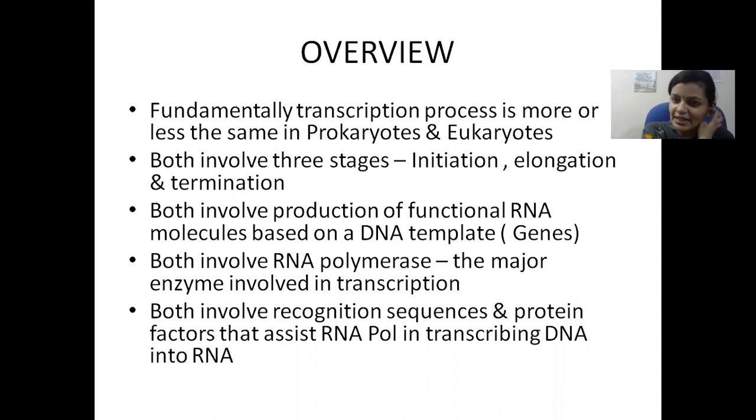DNA polymerase is an enzyme which makes DNA molecules using DNA as template, whereas RNA polymerase makes RNA molecules, or rather it adds RNA nucleotides using DNA as template. So both processes involve RNA polymerase, both in prokaryotes as well as in eukaryotes. Transcription involves RNA polymerase as the chief enzyme, the main or major enzyme.